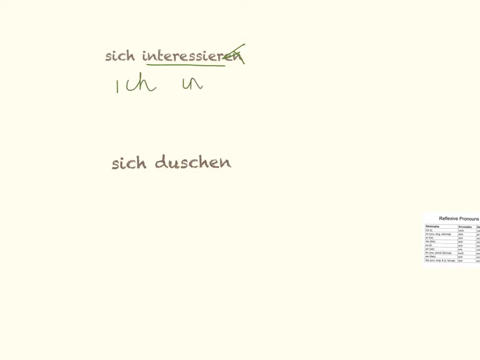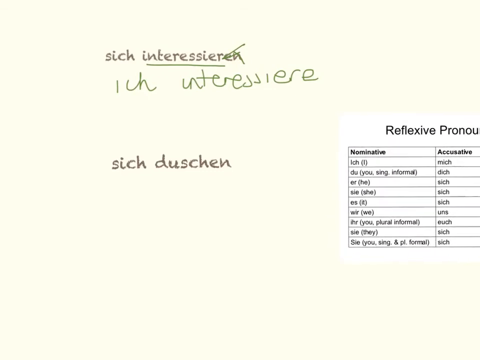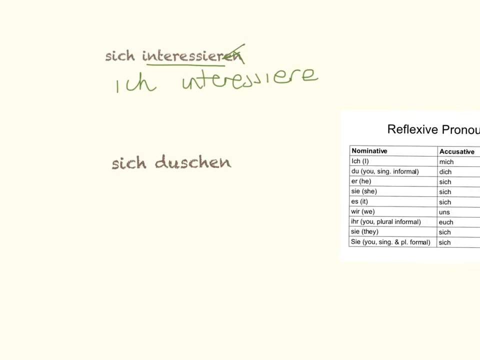And then onto the end of interessier, I have to add the correct ending, which of course is e. And then I have to add the correct reflexive pronoun. So the reflexive pronoun in this case is indeed mich. Okay, and in this particular instance, I have to use für. I am interested in is für in German.